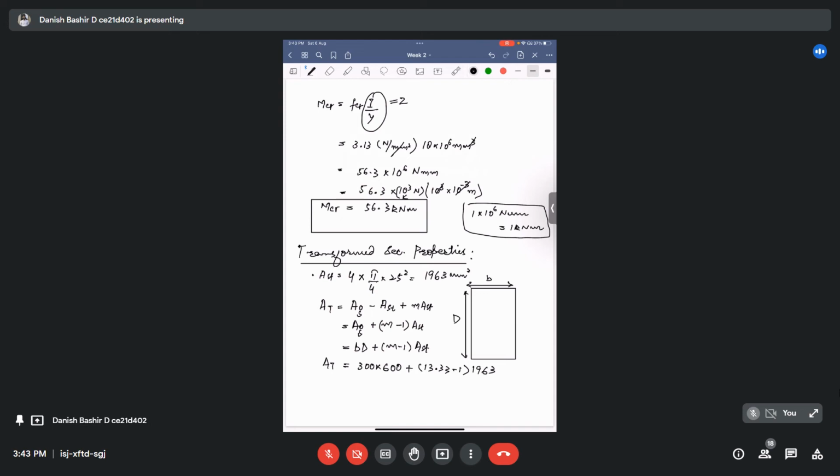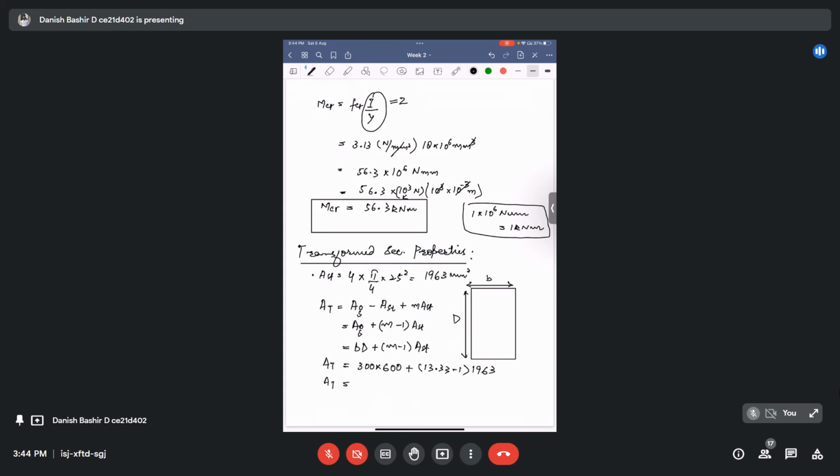When we calculate this, AT comes out to be 300 into 600 plus 12.33 into 1963.